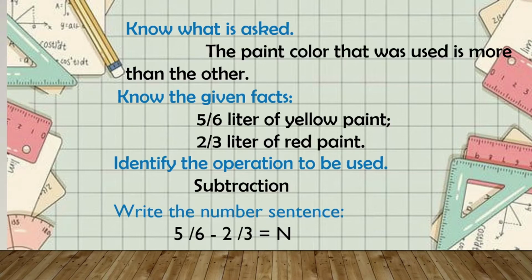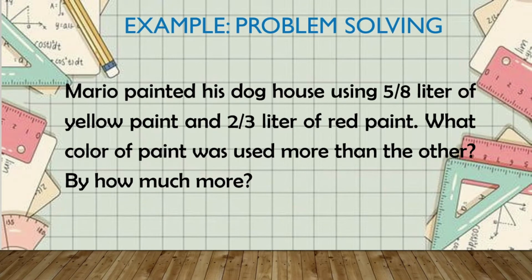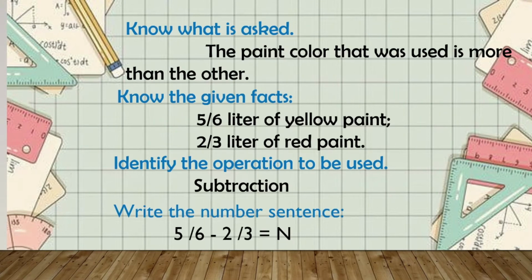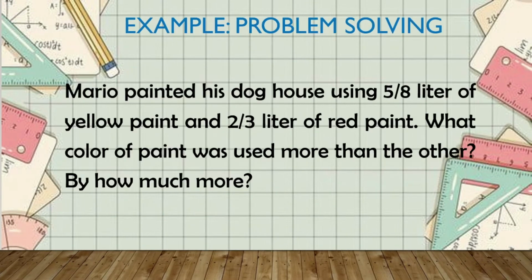It is very easy for us because we have been solving routine problems again and again, okay? Then, identify the operations to be used. So, in our problem, the operation is subtraction. You will base it on the question. What color of paint was used more than the other? So, meaning you're going to subtract.